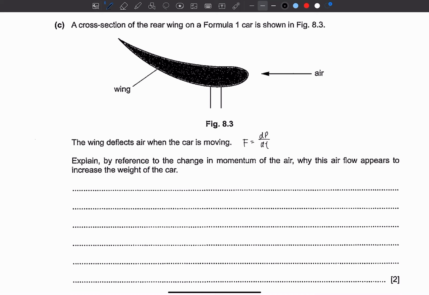So, we start off by saying that as the air is deflected upwards by the wing, they experience a change in momentum upwards.